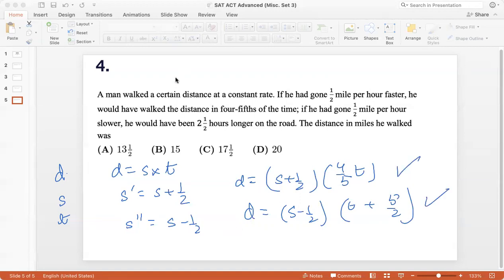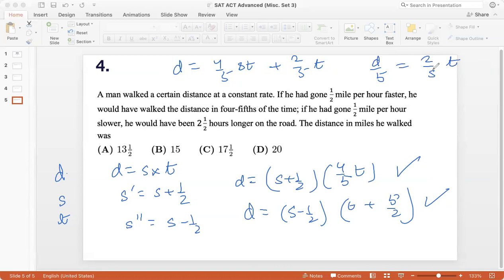From the first equation, we get d is 4 by 5 st plus 2 by 5 t. And st we know is d. So d minus 4 by 5 d is d by 5 is 2 by 5 t, right?